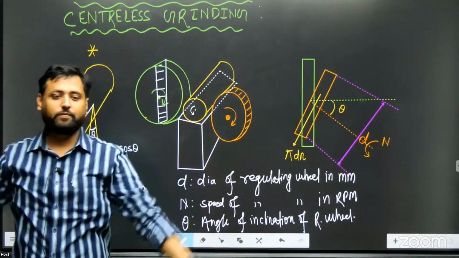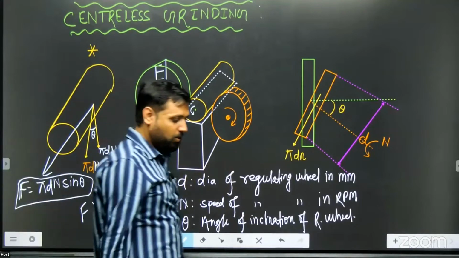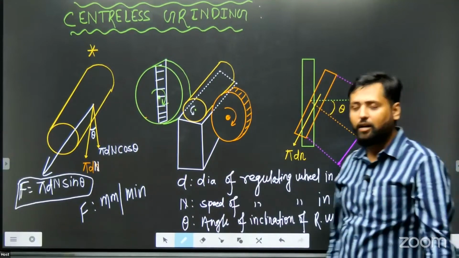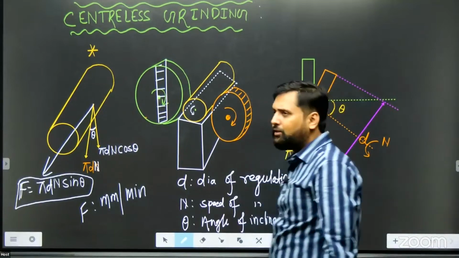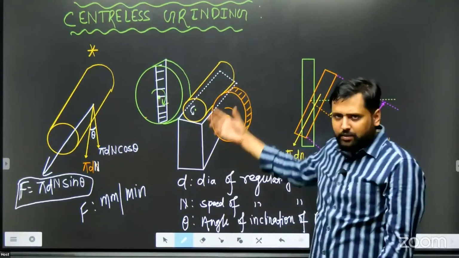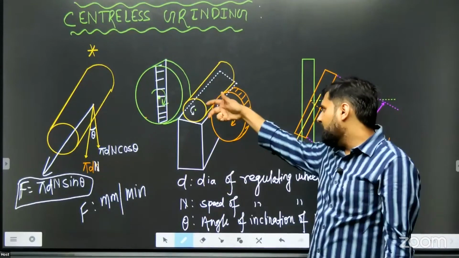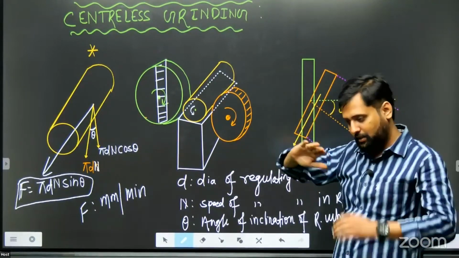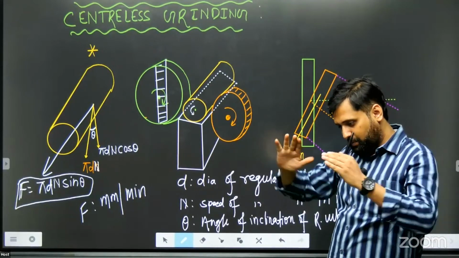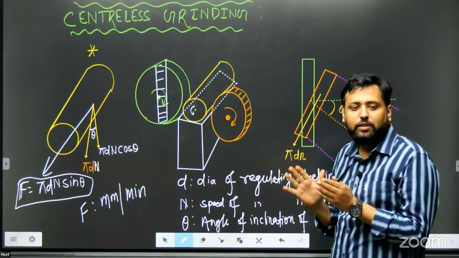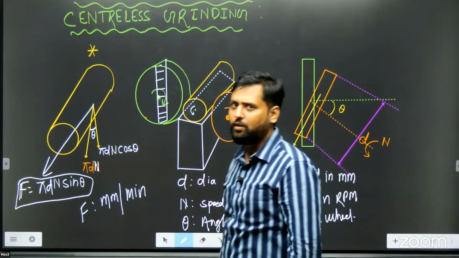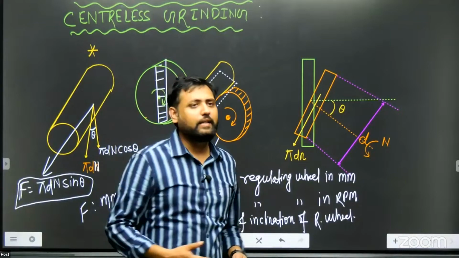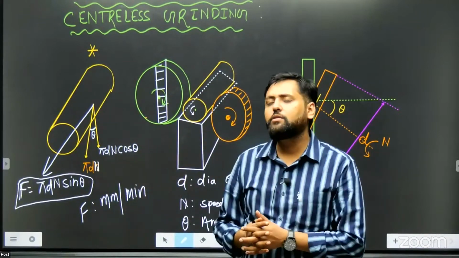Diameter large, length small, controlling it will become very difficult, cannot be done. Moreover, as you saw in that video as well, there was nothing to hold the workpiece. The workpiece is being held between the grinding wheel because of the pressure of the regulating wheel on it, right? And you know that when grinding happens, some wheel wear will also happen.